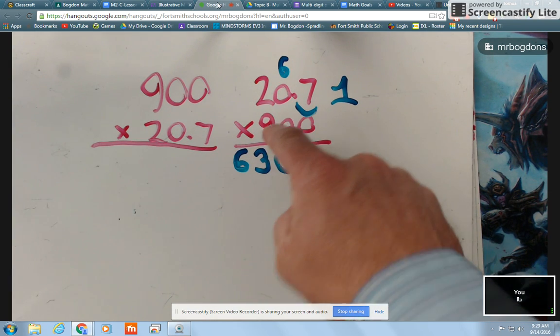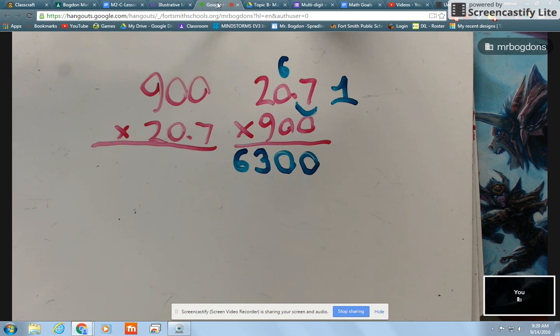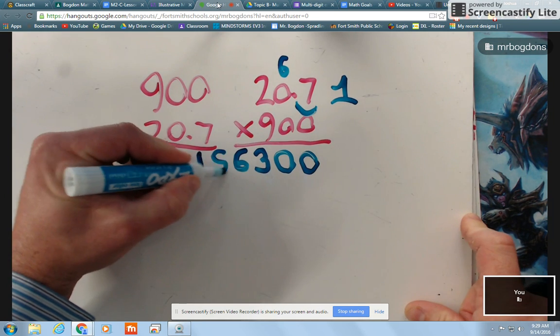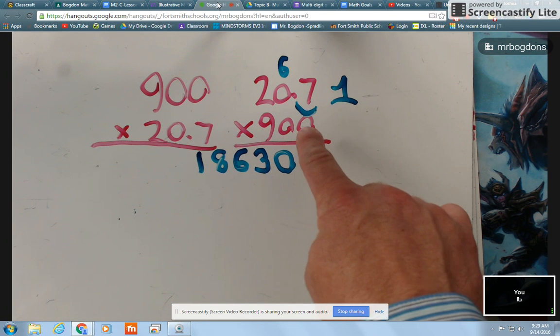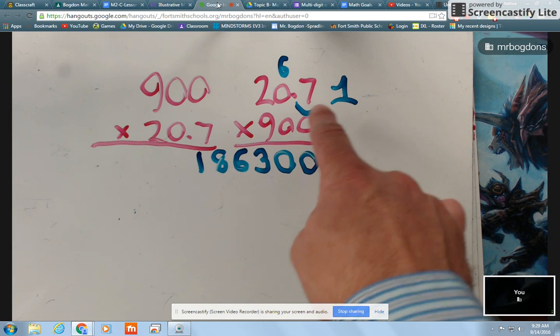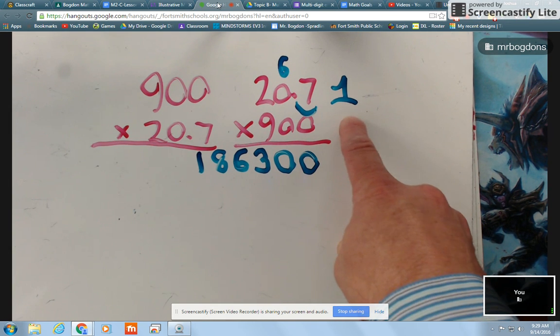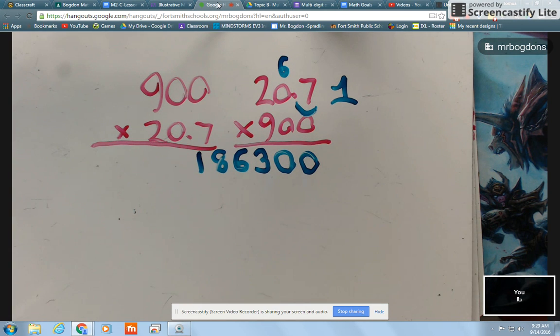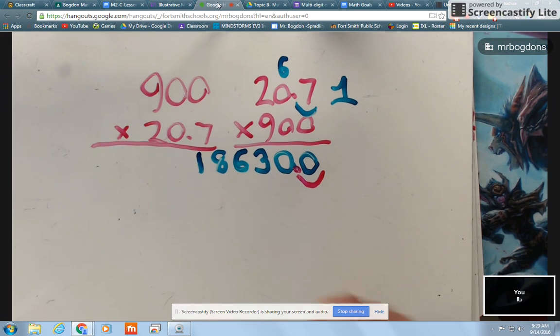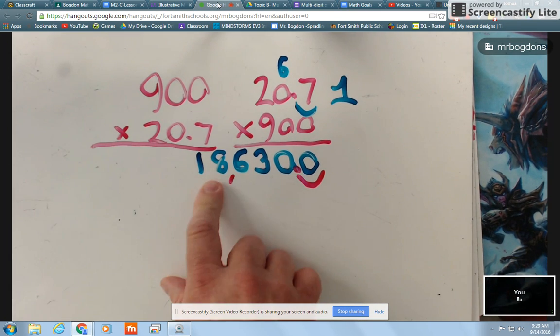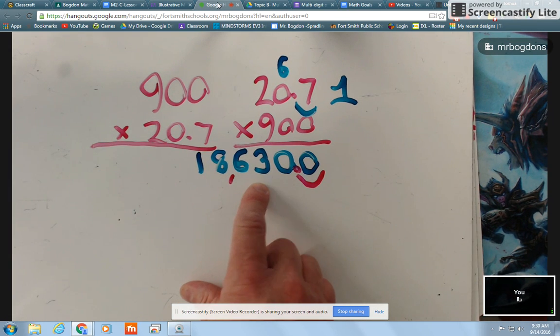What's the product of 9 times 2? 18. Okay, but I didn't have 207 times 900. I had 20 and 7/10. I bounced it out 1 time, so I need to bounce it back in how many? 1 time. So my final product is 18,630.